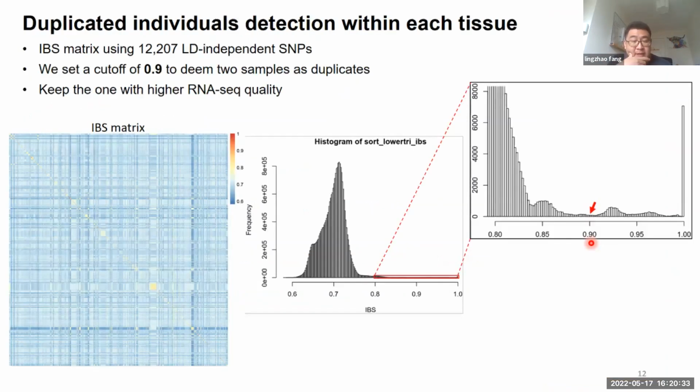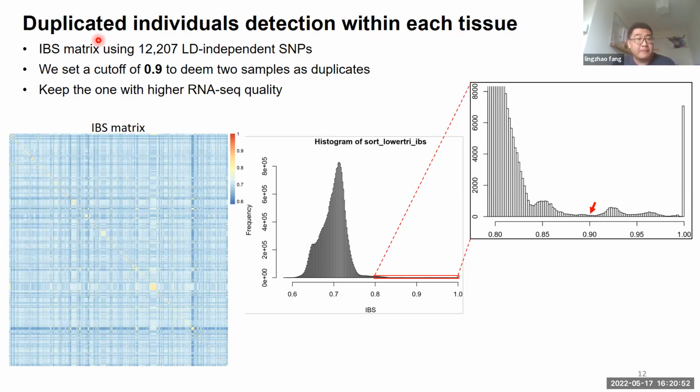As already mentioned, the samples can reflect tissue-specific function, so it is good to look at gene regulation, or gene expression, within each tissue.